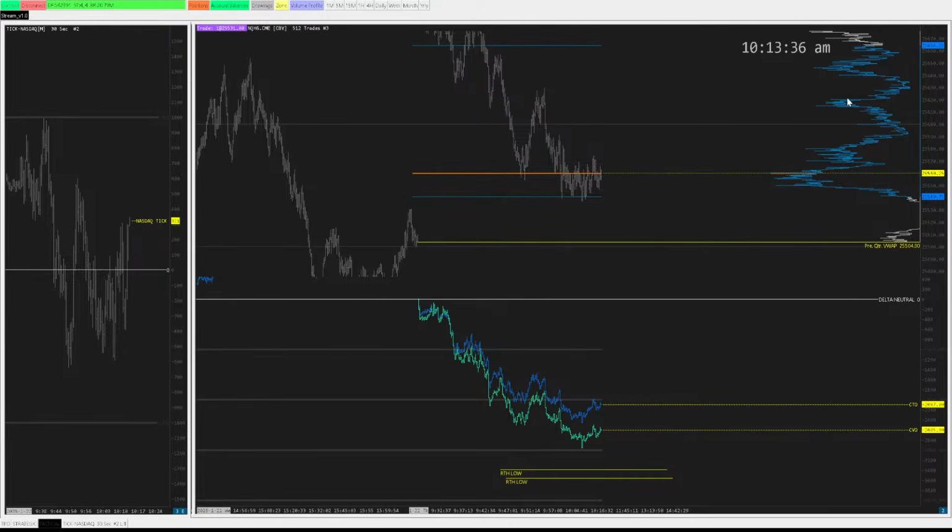Okay, let's do this. I'm going to switch this chart over, and I'm just going to show you guys what I'm talking about. You'll see up here it says NQ, so it's an NQ chart, but I'm trading micros. Now watch what happens.